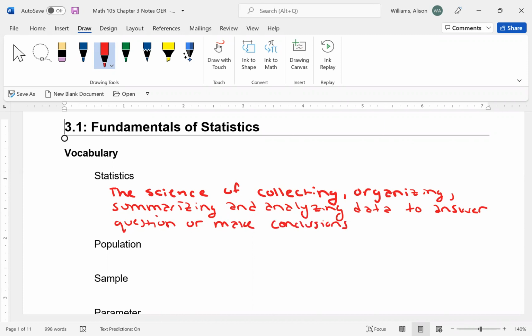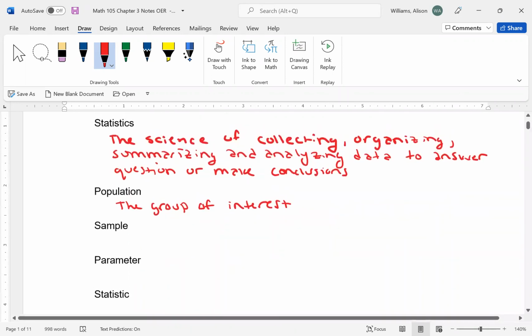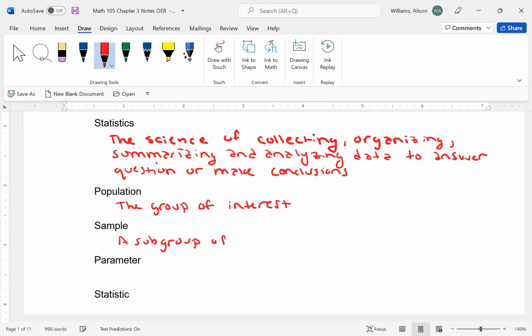The population is the group of interest. So the population could be adult females, or the population could be college students, or the population could be specifically students at OCCC. So the group of interest is the people that you're trying to look at. The sample is a subgroup of the population, because often it's difficult to be able to survey an entire population, so it's easier to work with a small subgroup.